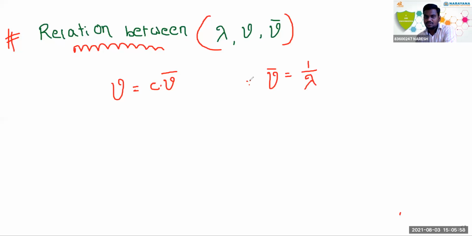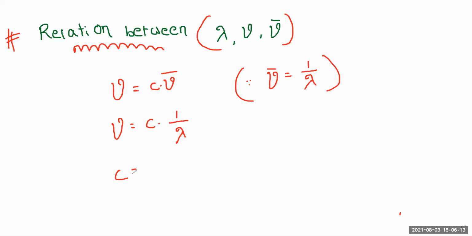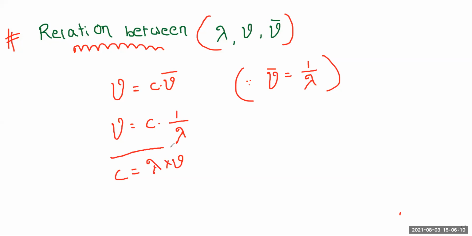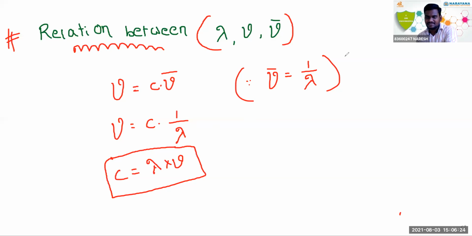Substitute here: nu is equal to C into 1 by lambda. So from that we can write C is equal to lambda into nu. Am I correct? Yes, sir.